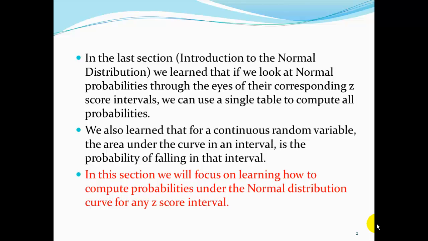We also learned that for a continuous random variable, the area under the curve of an interval is the probability of falling in that interval. In this section, we will focus on learning how to compute probabilities under the normal distribution curve for any z-score interval.